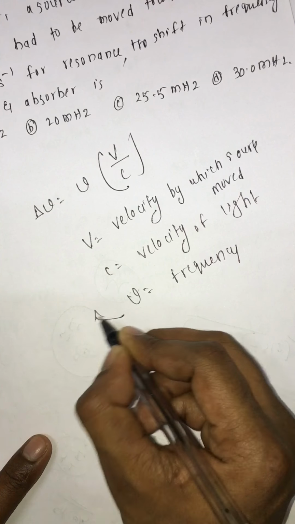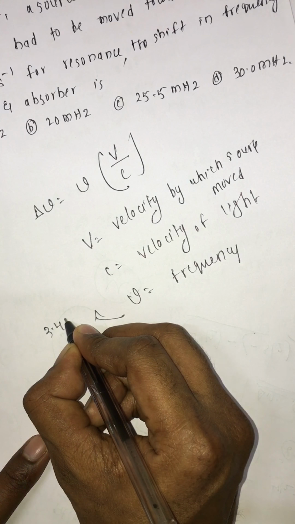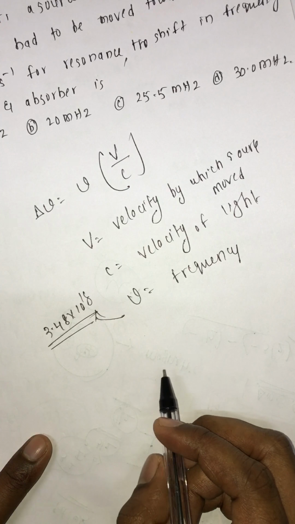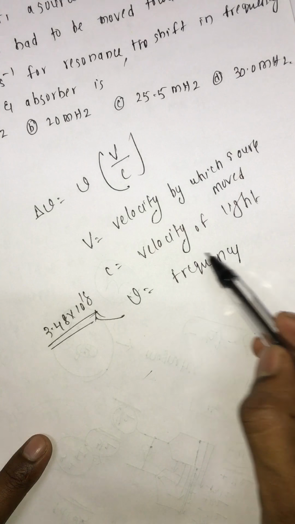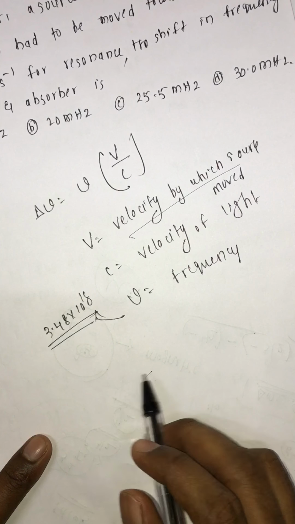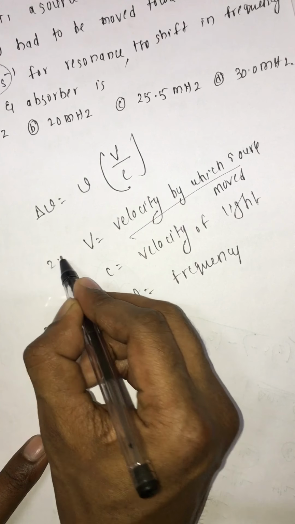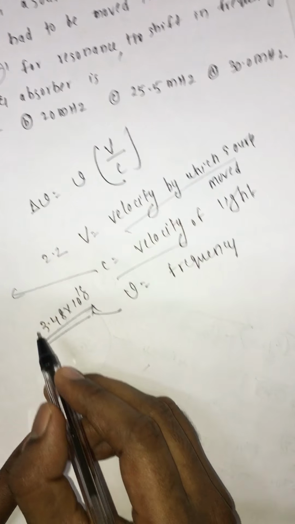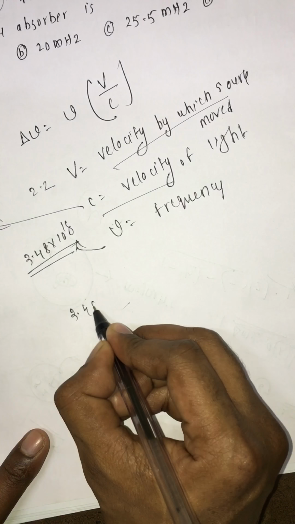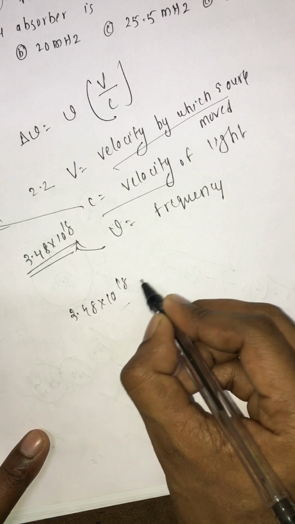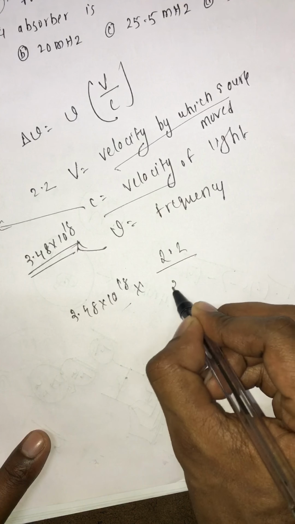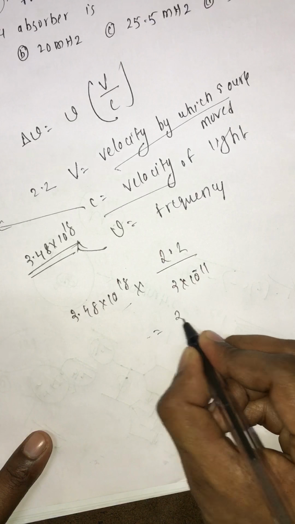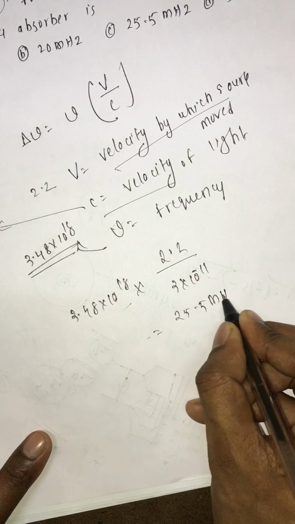The frequency as given is 3.48 times 10 to the power of 18, the velocity by which the source is moved is 2.2, and the velocity of light is the constant 3 times 10 to the power of 11. We substitute these values: 3.48 times 10 to the power of 18 times 2.2 divided by 3 times 10 to the power of 11, and the final answer will be 25.5 megahertz.